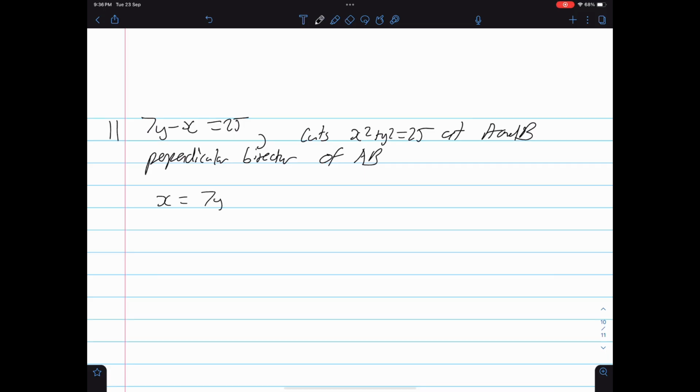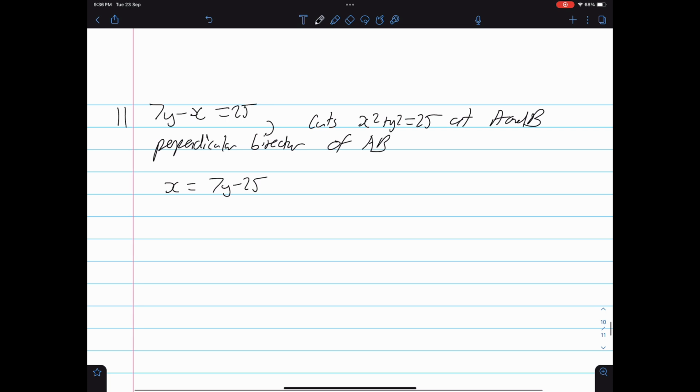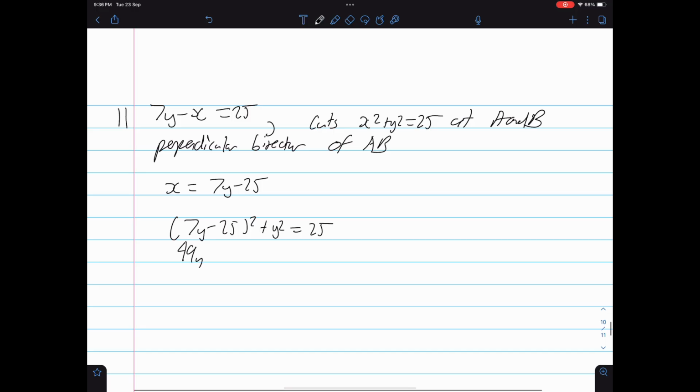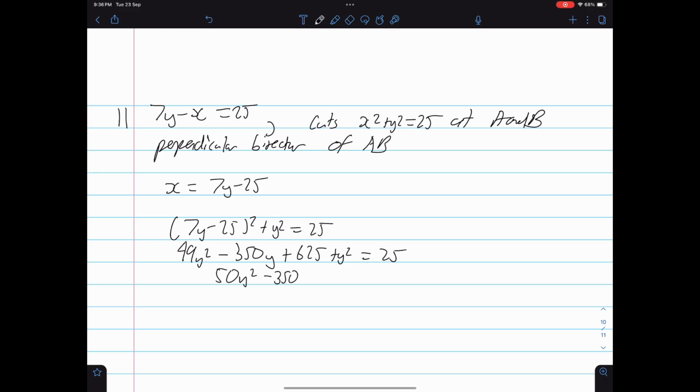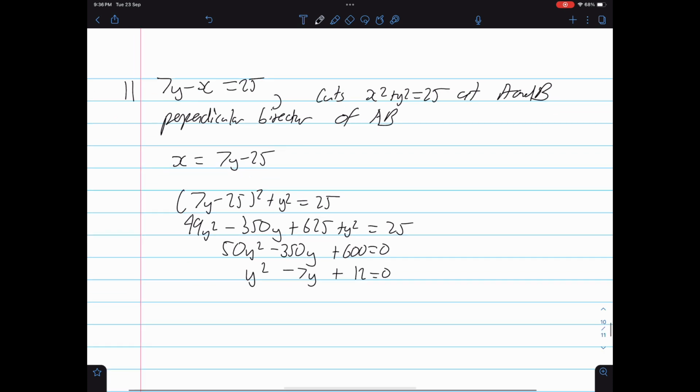x is just equal to 7y minus 25. So (7y minus 25) squared plus y squared equals 25. 49y squared minus 350y plus 625 plus y squared equals 25. 50y squared minus 350y plus 600 equals 0. y squared minus 7y plus 12 equals 0.